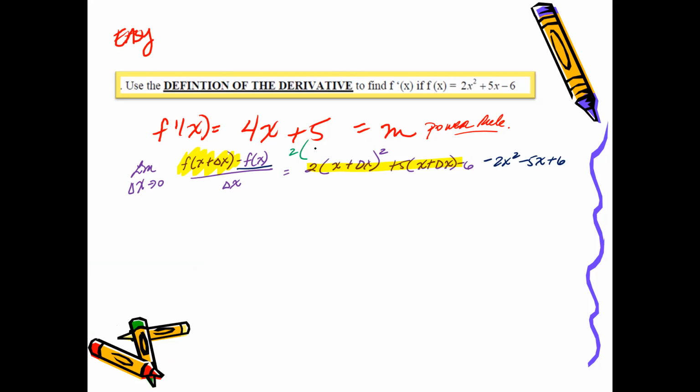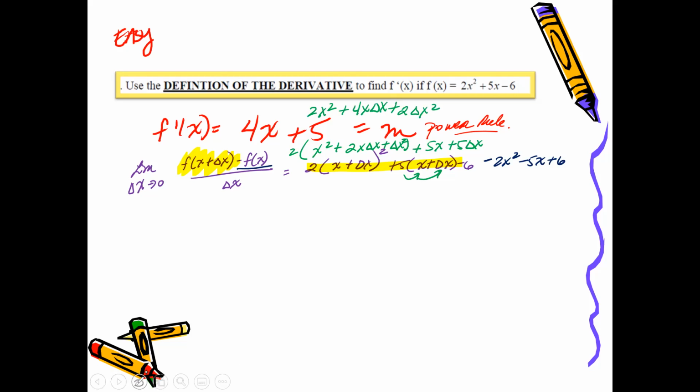You have 2 times x squared plus 2x delta x plus delta x squared. And then plus, make sure you distribute, 5x plus 5 delta x, and then distribute the 2. You'll get 2x squared plus 4x delta x plus 2 delta x squared.